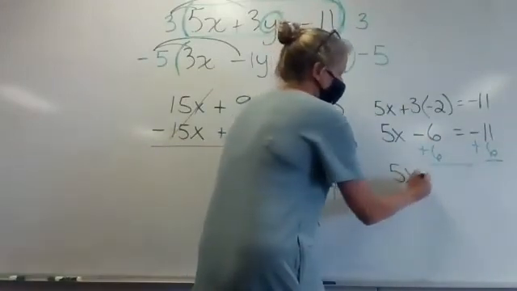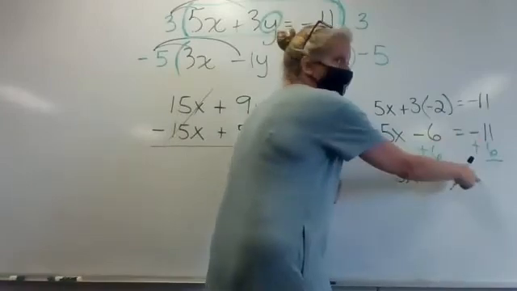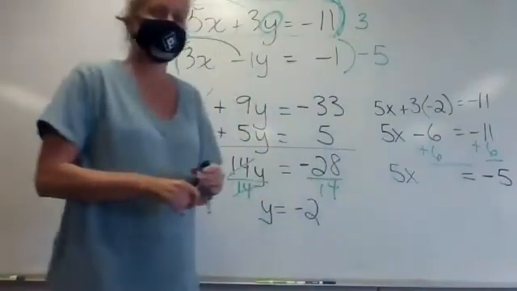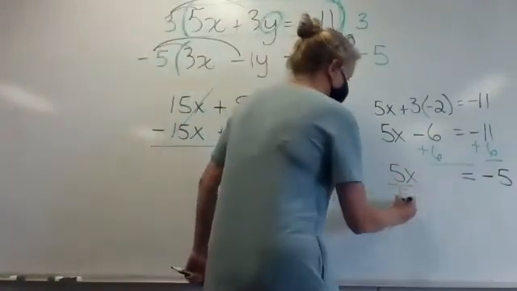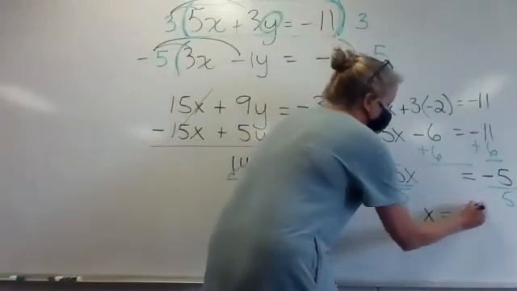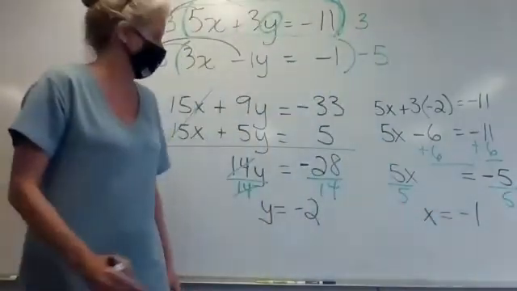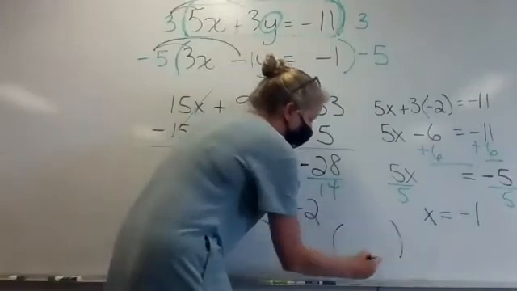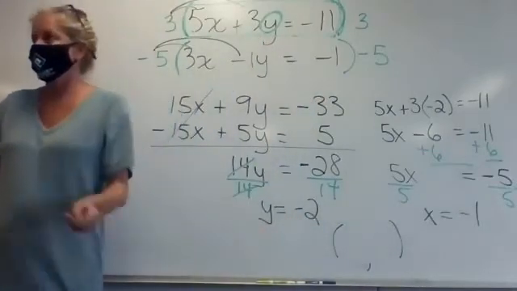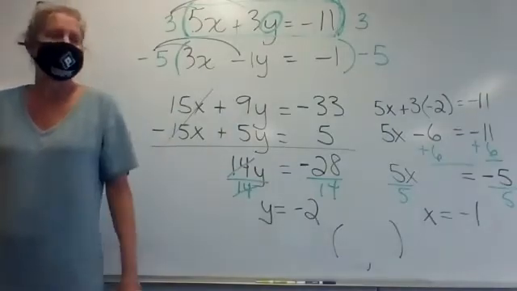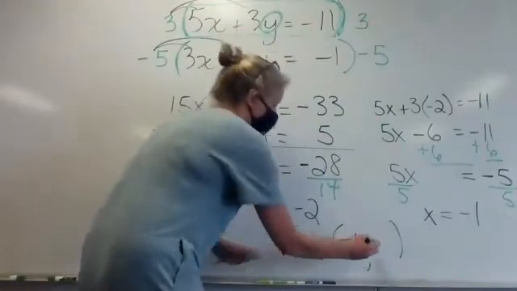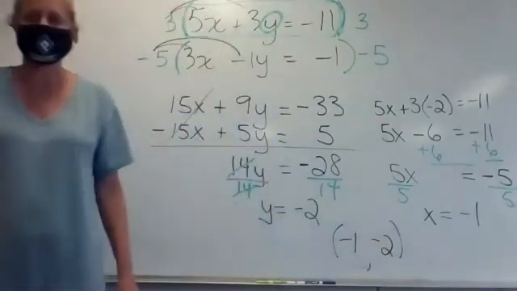So 5x equals negative 11 plus 6, which is negative 5. And divide by 5. So x equals negative 1. So make sure when you type in your ordered pair answer, even though you solve for y first, your y always comes second in your ordered pair, right? So your ordered pair would be negative 1, negative 2.